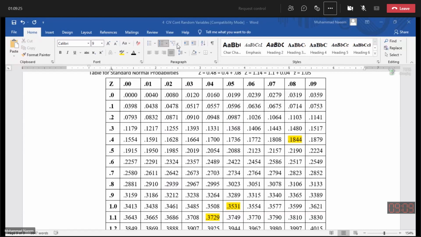So in this way, you will have two questions from discrete probability distribution, one from continuous and one from regression and correlation for the final exam. I will also send the detail after completing this course. Okay, dear, Allah Hafiz.